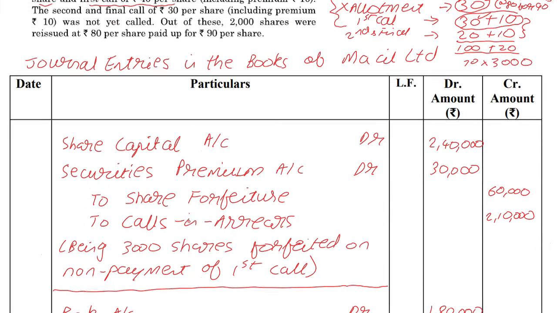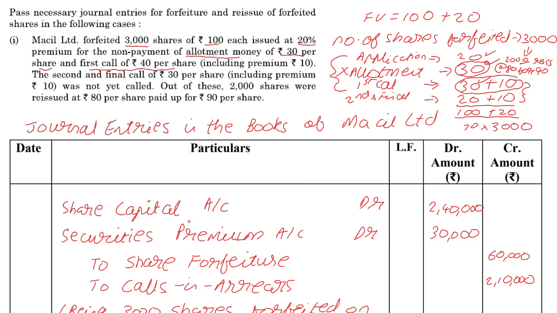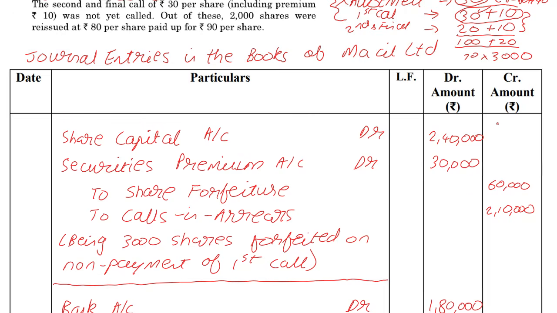Right. Now, going back up, okay, we have the number of shares reissued is 2000. Okay. And the number of shares forfeited is 3000. The share forfeiture count is 60,000. All right.